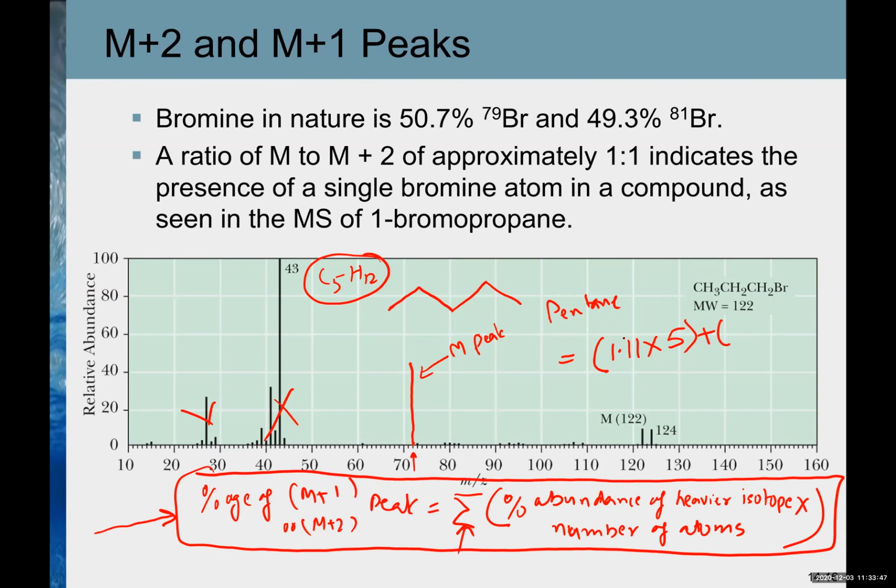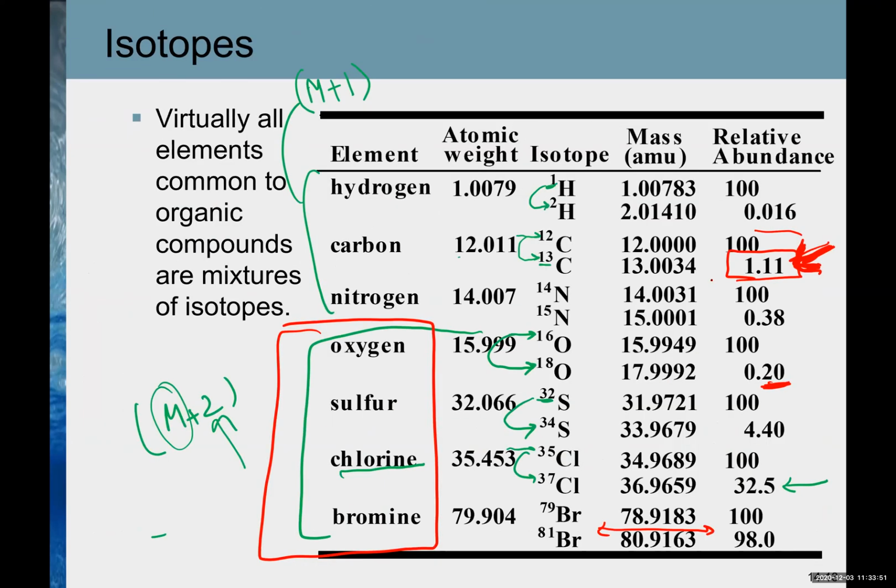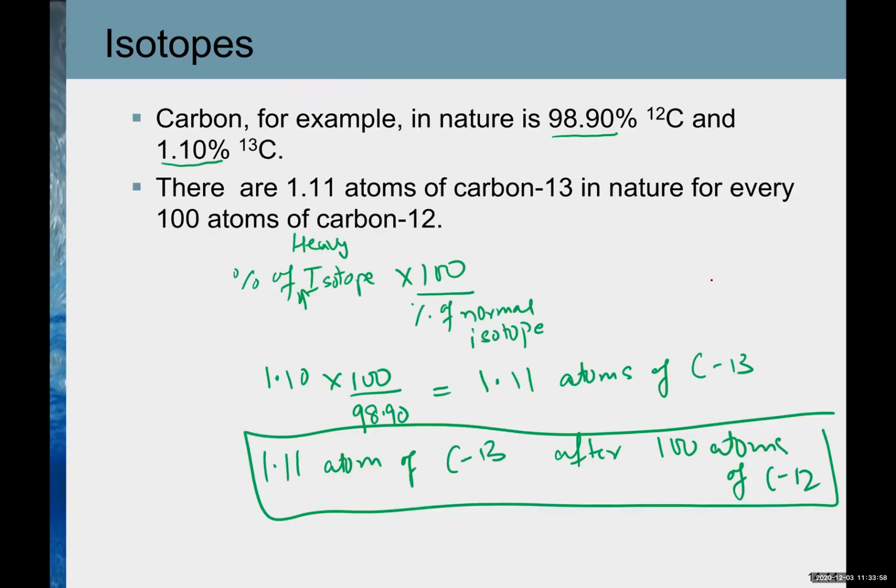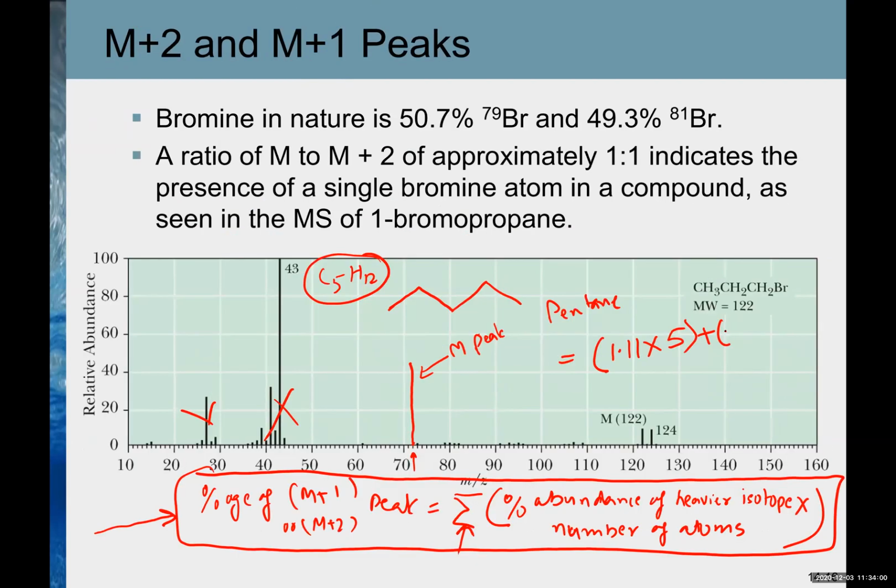Now we will go with hydrogen. So what's the percentage abundance of the heavier isotope of hydrogen? Go back to the table. 0.016. So 0.016 multiplied by how many hydrogens? 12. So when we multiply, this will be 5.55 plus, can anyone please multiply? It's going to be a small number.